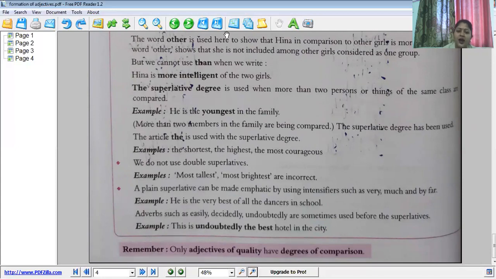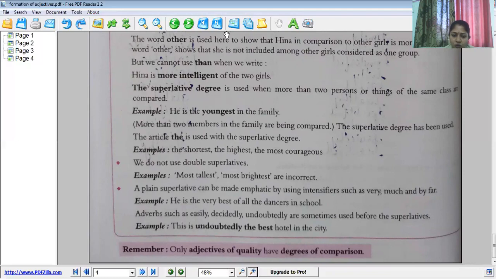Very. Okay. Adverbs such as easily, decidedly, okay, undoubtedly are some used before the superlatives. Okay, now let's see. This is undoubtedly the best hotel in the city.